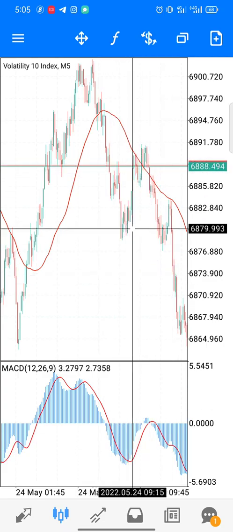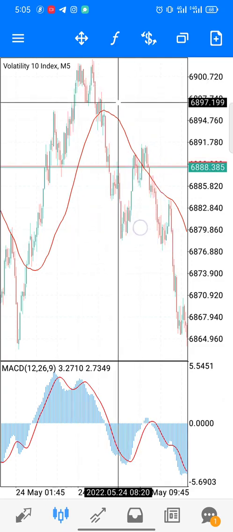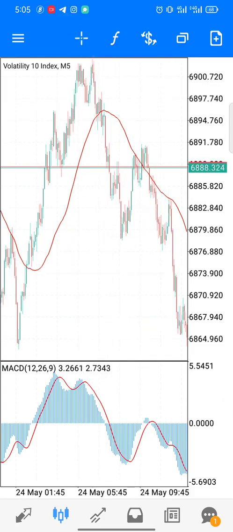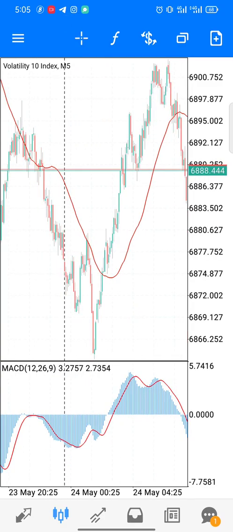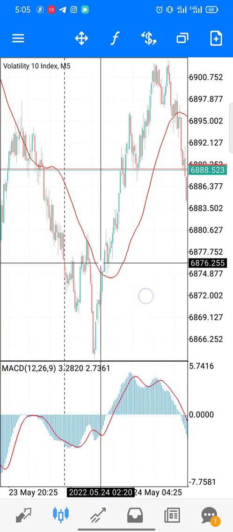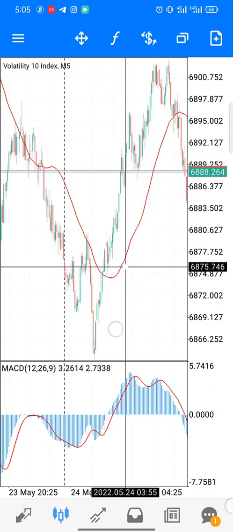You go for a sell, put your stop loss above the moving average. If the moving average crosses below the chart, and the MACD is above the zero level, you go for a buy. As you go long, keep your stop loss below the moving average, guys.